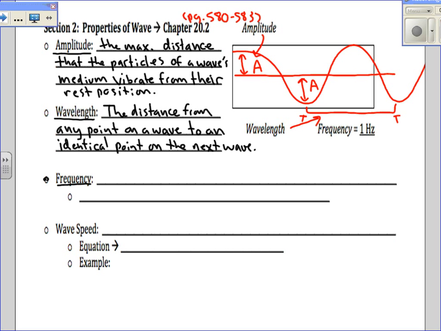So now what I need to do is discuss what frequency is. Frequency is the number of waves produced in a given time.